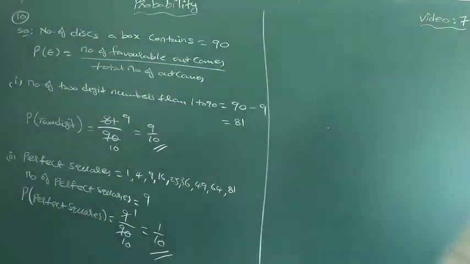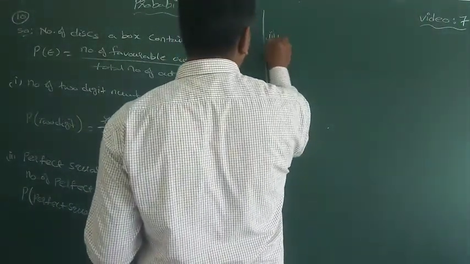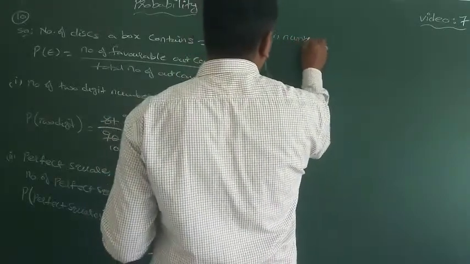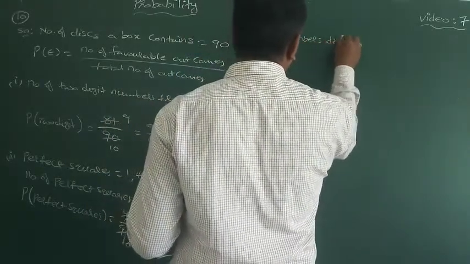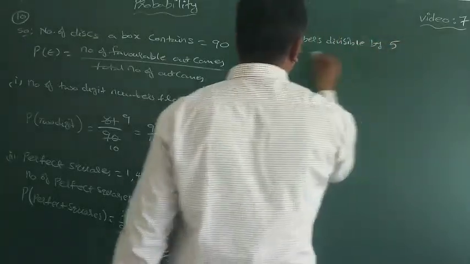Next, third one: a number divisible by 5. Numbers divisible by 5 are, what are those?